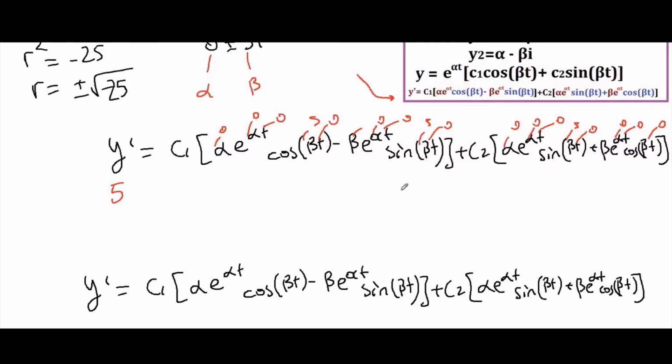Okay, let's begin with sine, because sine of 0 is 0. So this term is gone. This term is gone. Cosine of 0 is 1. However, alpha is 0, so that destroys this. Alpha is 0, that destroys this. So this term only survives. So this is 1. e to the 0 is 1. Our beta value is 5. That's it. So we have 5c2. So 5 equals 5c2. From here, c2 equals 1.